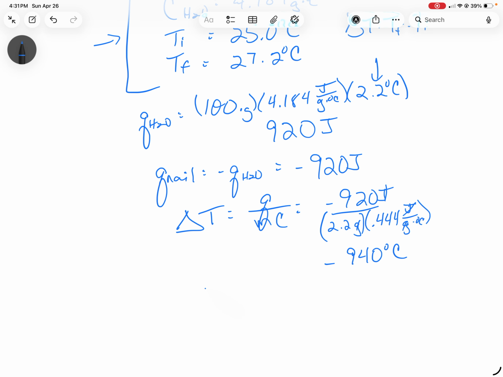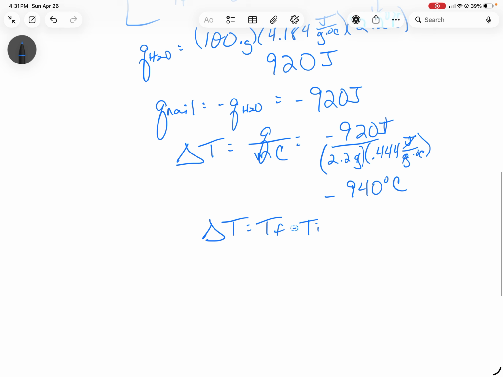Okay, but that's not T initial. Delta T equals T final minus T initial. I've got to rearrange this algebraically to solve for T initial, of course.